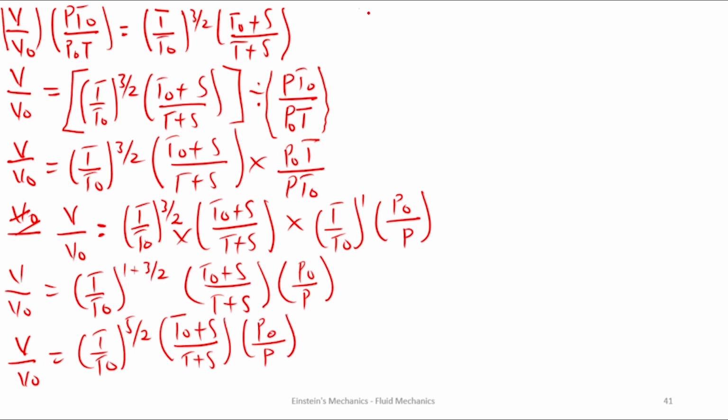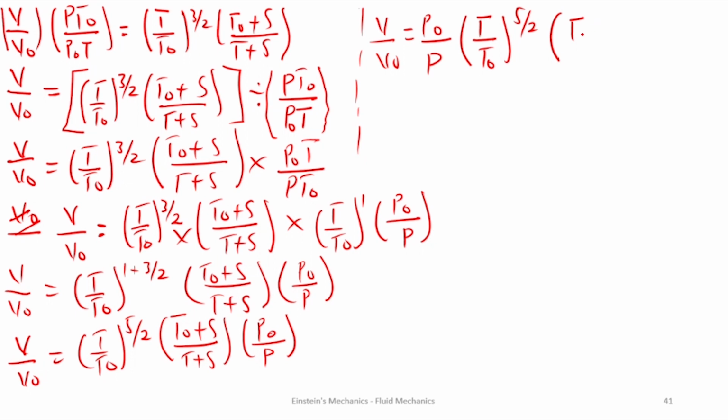I can make it a simpler equation in such a way that V on V naught is equal to the pressure P naught on P, multiplying T on T naught to the power 5 on 2, multiplying T naught plus S on T plus S. So this is the equation we are looking for.